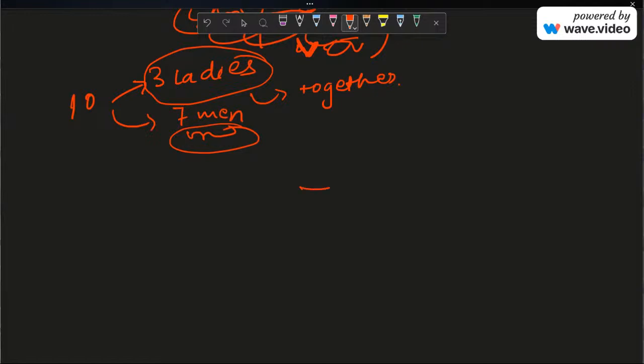Actually, I guess the complement method will be good because of this men constraint. Otherwise, the question was really easy. The total number of ways if there was no men constraint: the 3 ladies have to sit together, in the gaps created by 7 men, which means 8 gaps, and we choose any one gap.